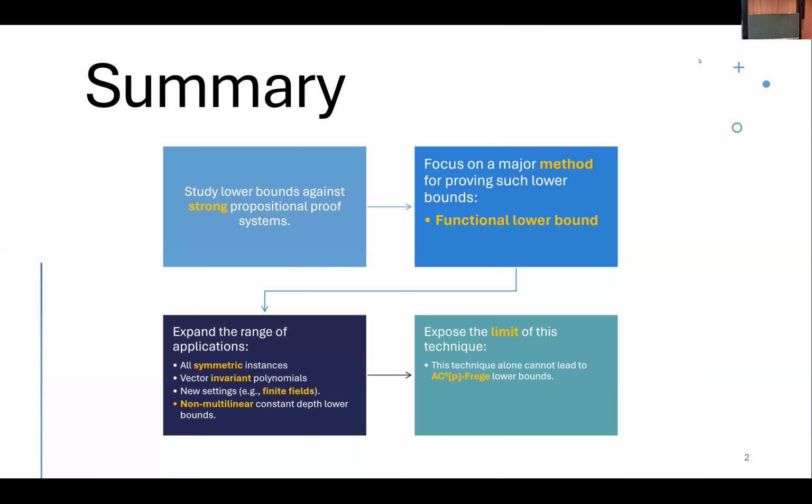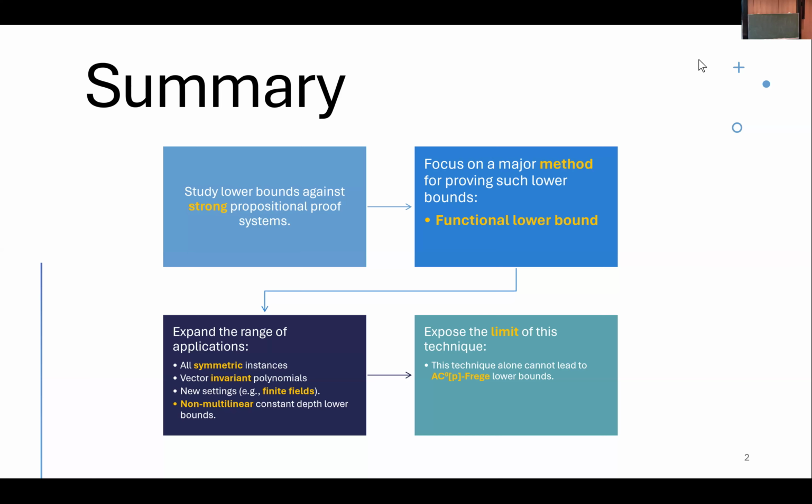What we're going to show is we expand the range of applications to all symmetric instances, and I'm going to show Newton's degree lower bounds for all symmetric instances over different fields. We're going to extend what was known to different kinds of hard instances that are slightly different from subset sum, and that's why they will also work over finite fields.